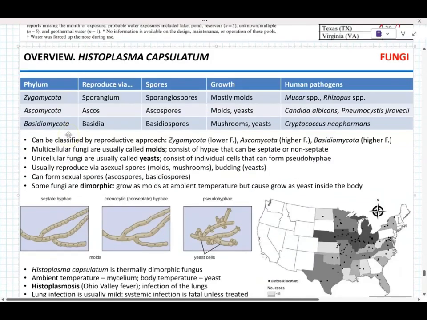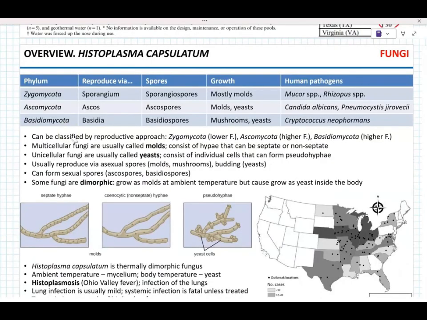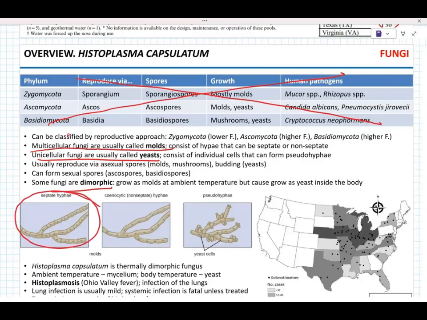Now we jump to another eukaryote type, fungi. Good news: none. The only classification that I want you to use, and I know that it's not a proper taxonomy, but it's useful, is the difference between molds, yeasts, and dimorphic fungi. Molds are multicellular, although cells can fuse sometimes.